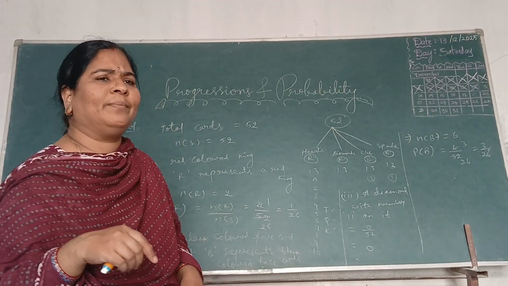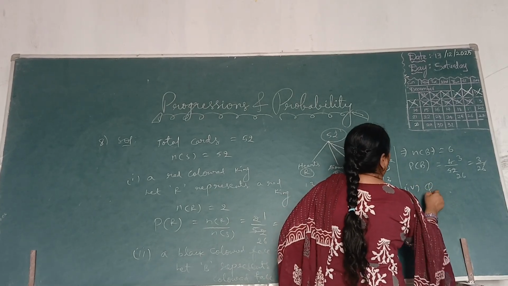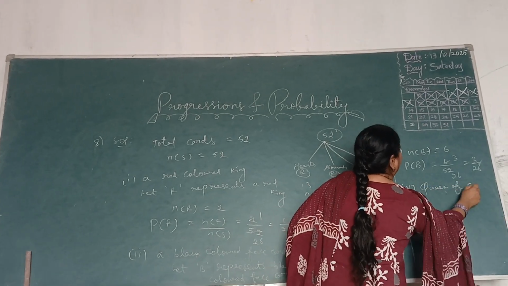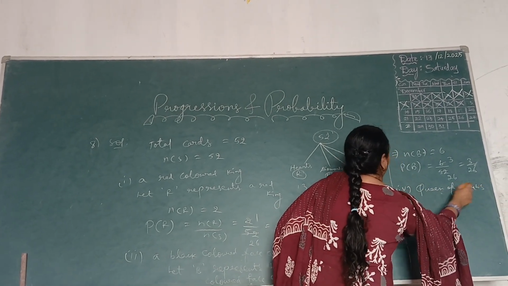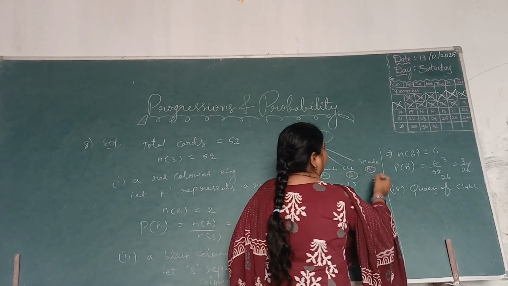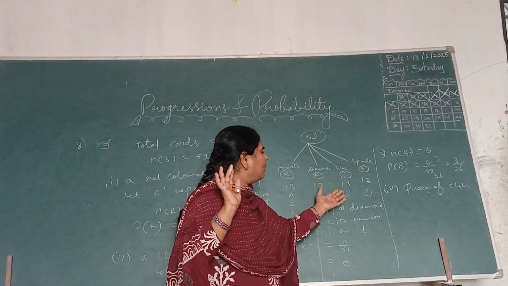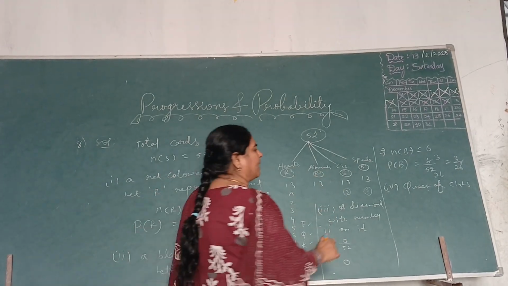And what is the last one? Queen of clubs. See children, for hearts or diamonds or clubs or spades, only one queen will be there. In clubs also we have only one queen. So one is there.